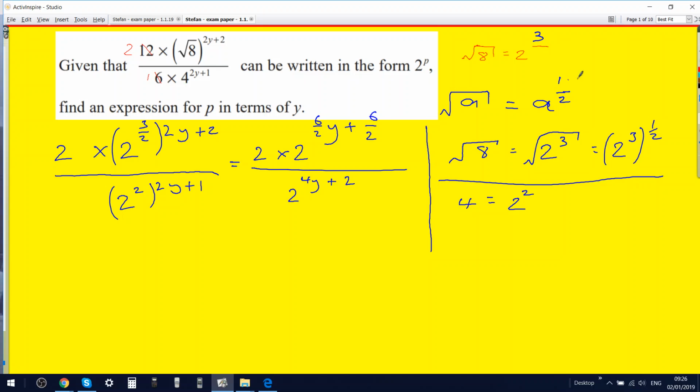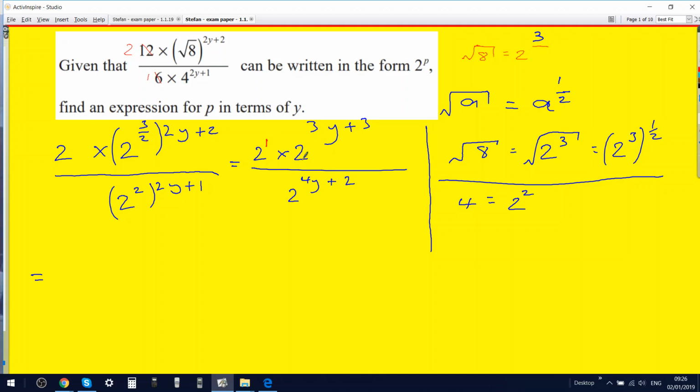Well, you're multiplying indices. 2 by itself is to the power of what? 1. And so how would you multiply those two? So 1 times 6 over 2y plus 6 over 3. What is 6 over 2? 3 over 1. Yeah. Even simpler. 3. So that's 3y plus 3.